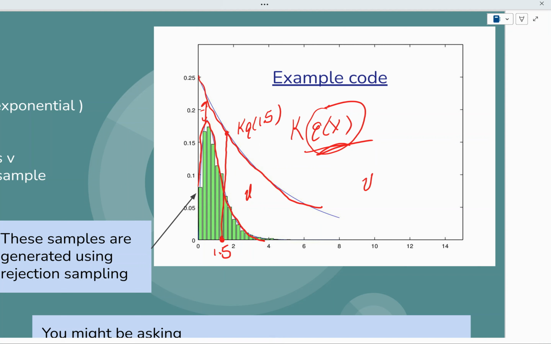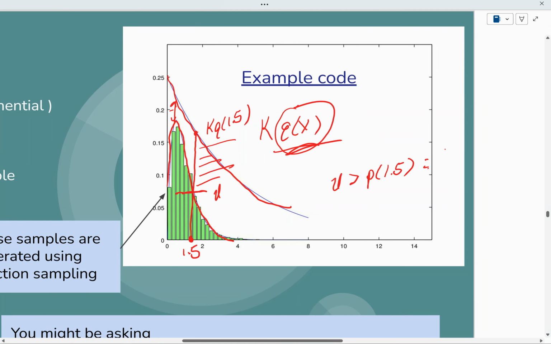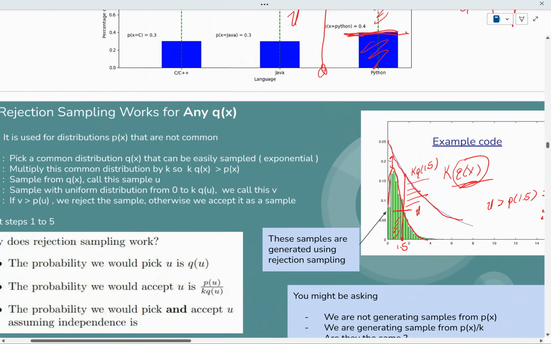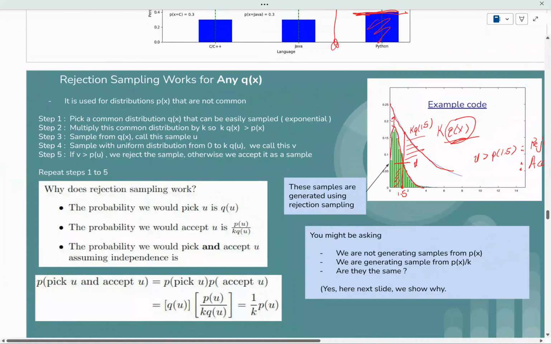If U is greater than this point, the probability at 1.5, then notice this is the greater region. Then we reject. Otherwise, we accept if it's less. Okay? So that's the idea. And the reason why it works, if you think about it, is that the probability we will pick U.